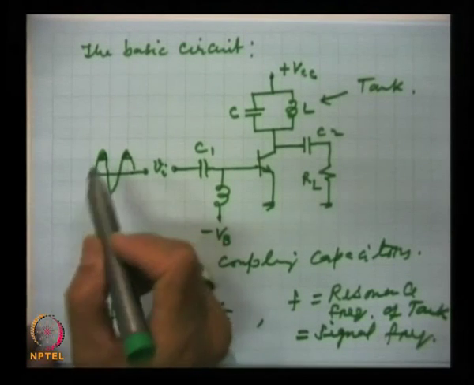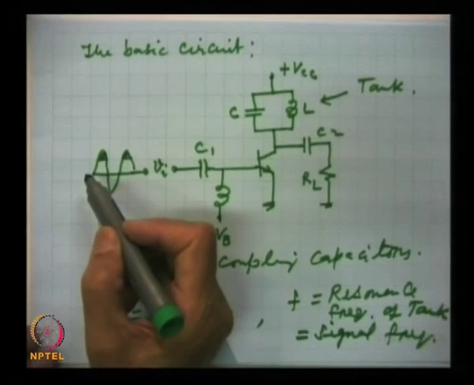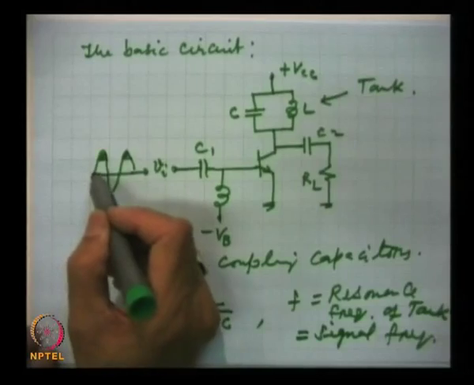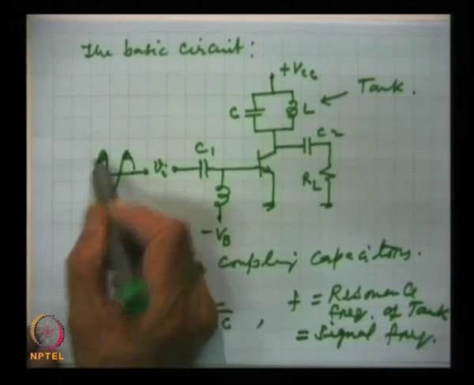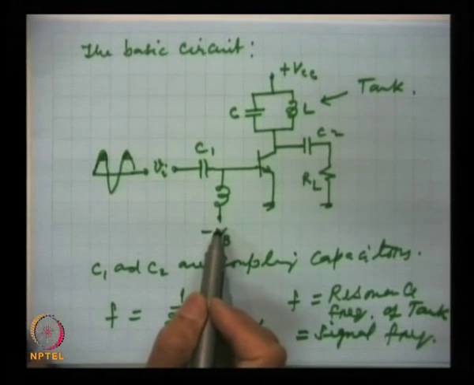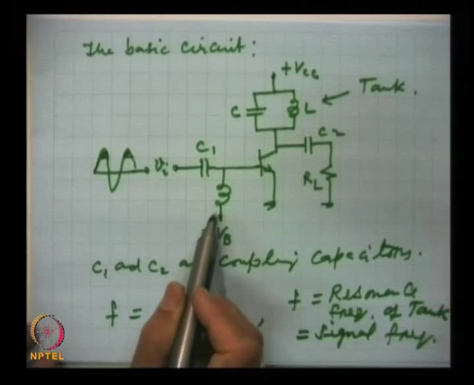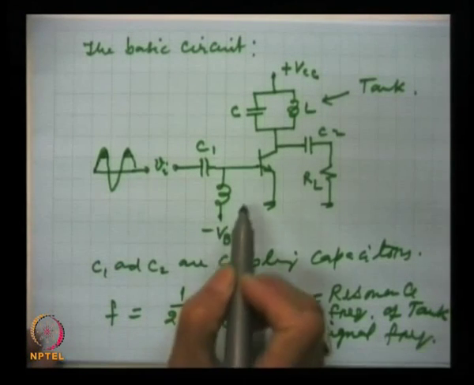I am talking just of the positive part of the input pulse, that for a major portion will be taken up to compensate for this negativity of the biasing.